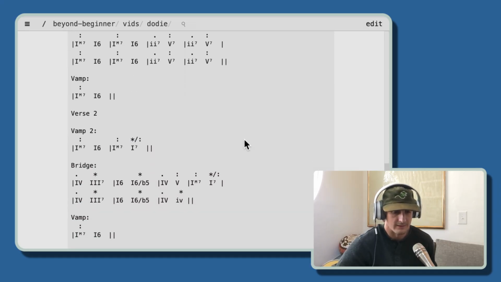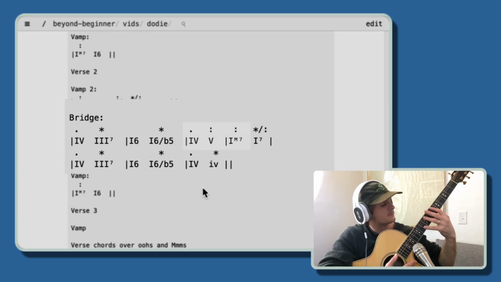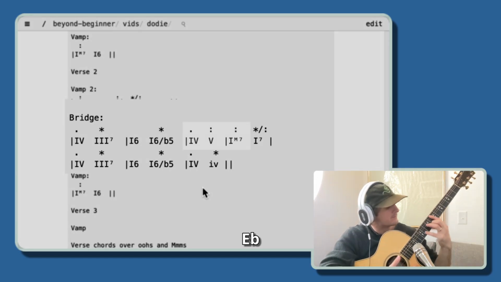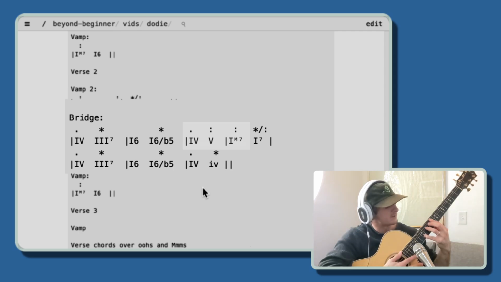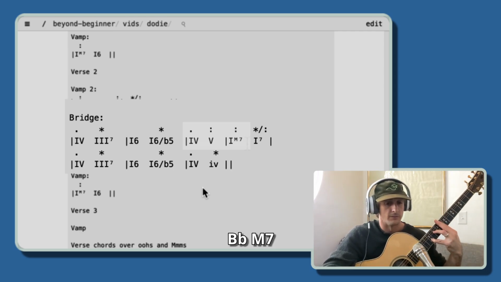And so that is a nice drop down, to the 4. And then a 5, which predictably just 4. 5 of B flat. Then we've got our B flat 7.